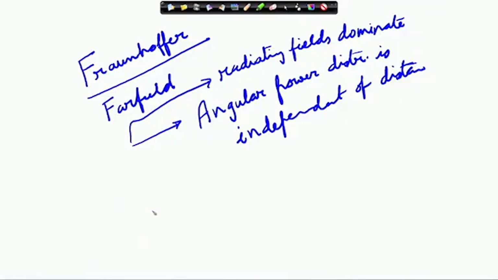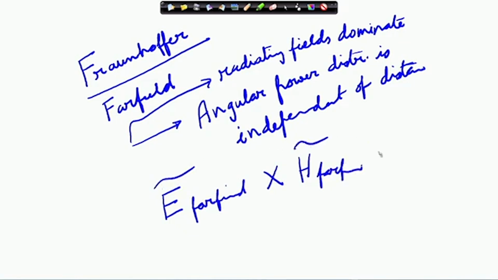Another criterion is that in this case, E far field cross H far field represents the power flow, etc. So, this is about the far field of the antenna.